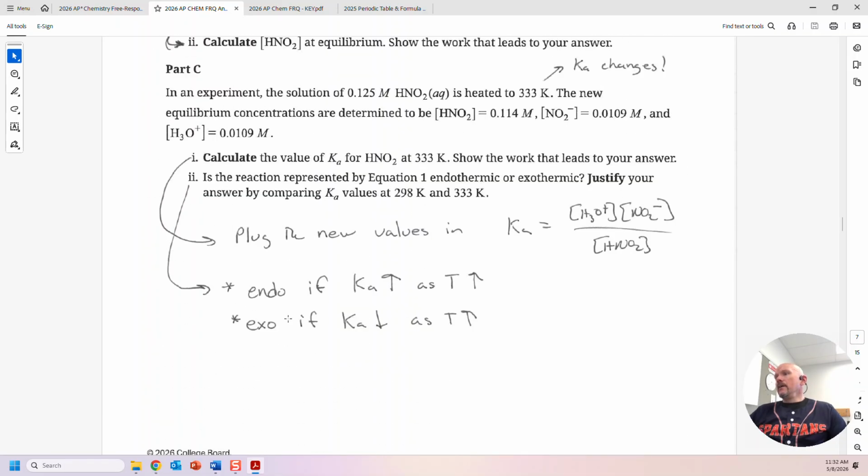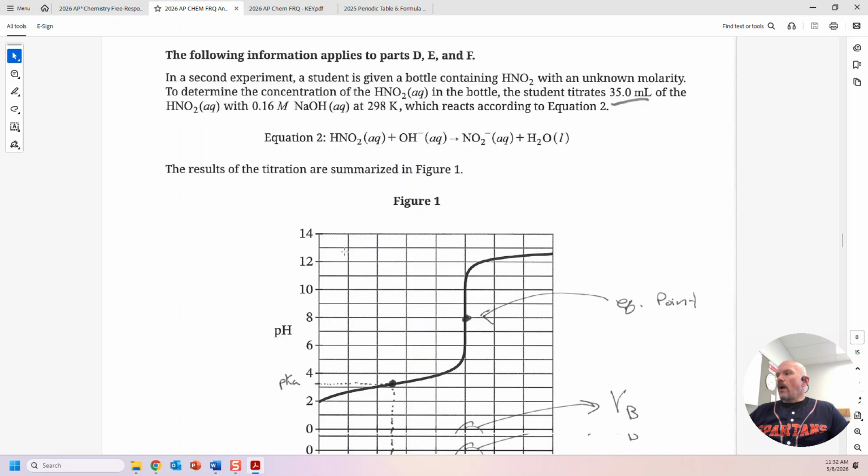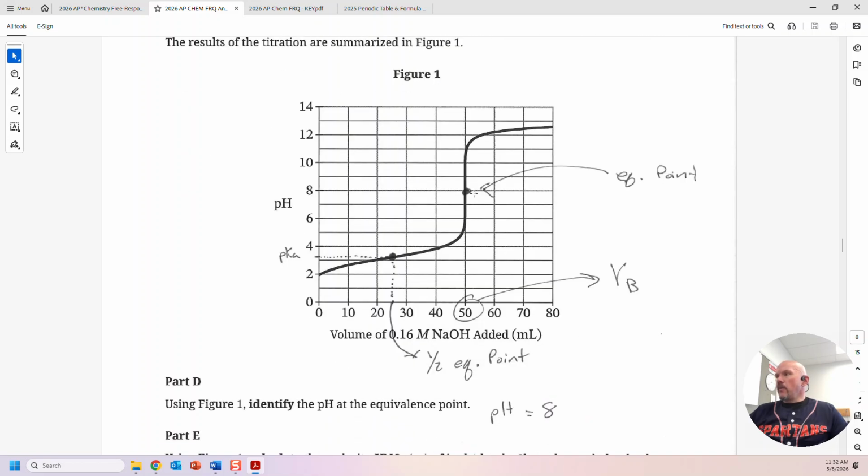So just like different things we could get just from looking at the chart that they gave us. Right here, so sorry, let's go back to the first one. Remember, if K increases as temperature increases, endothermic. If K decreases as temperature increases, exothermic, right? Okay. All right, so back to this, right? We got our equivalence point, and that's at 50 milliliters of NaOH added. So if we're doing our titration calculation, that would be the volume of the base, right?